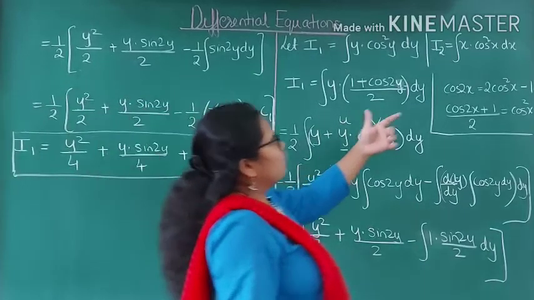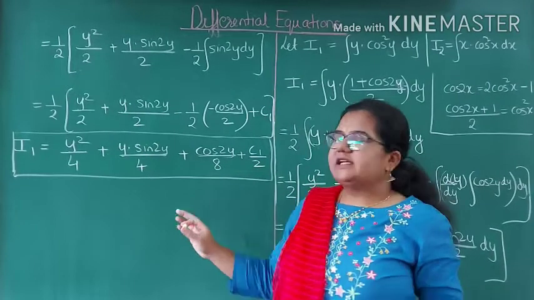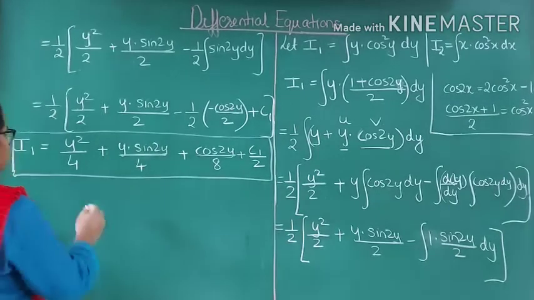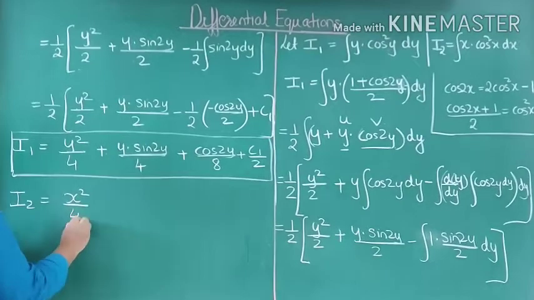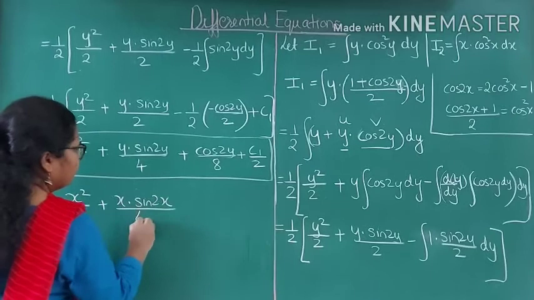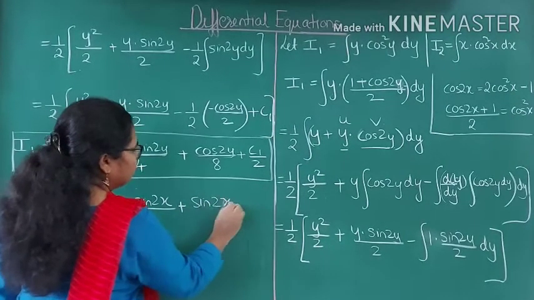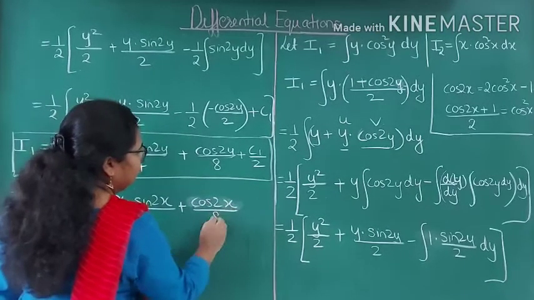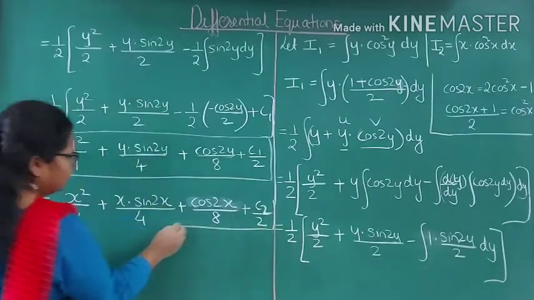Now if you look at I2, what I told you, x cos square x dx. So here wherever y is there, we can simply write it as x and we will get the integration of I2 also. So I2 is equal to x square upon 4 plus x into sin 2x upon 4 plus cos 2x upon 8 plus, here we will take c2 because it is I2.